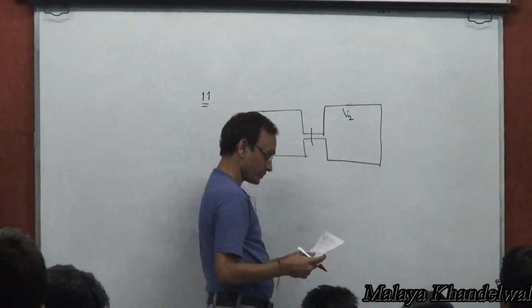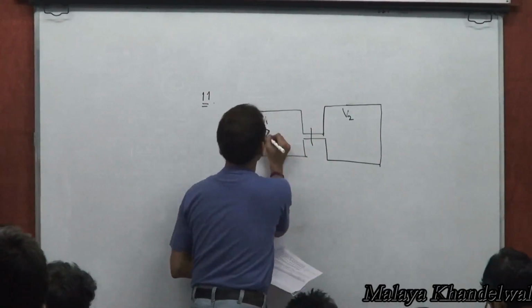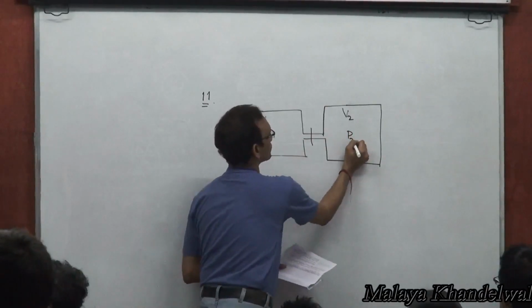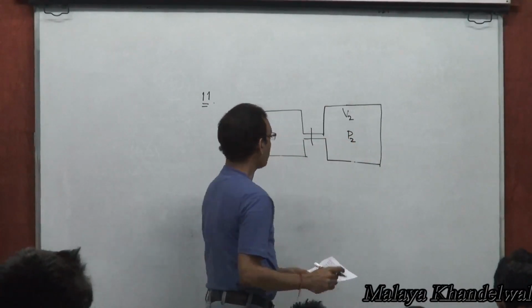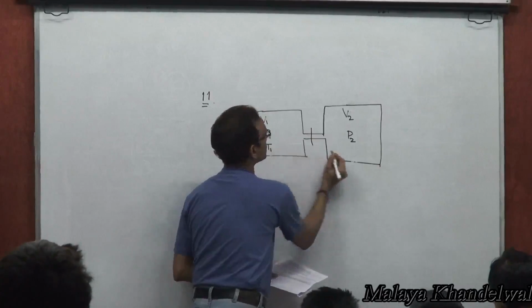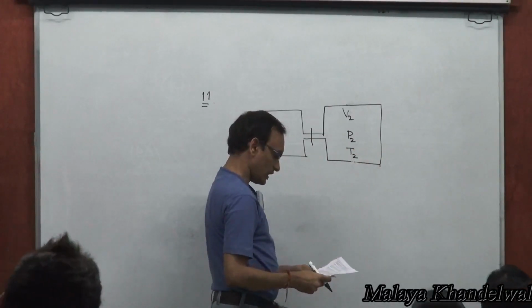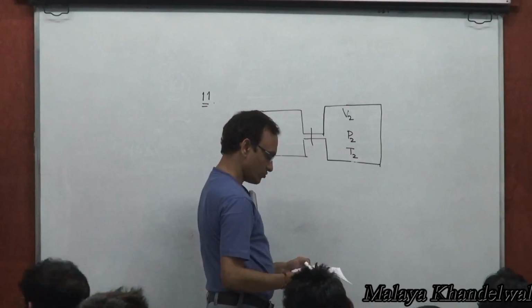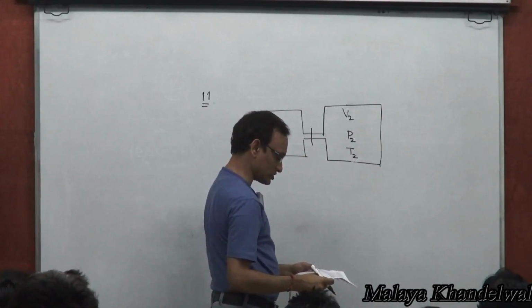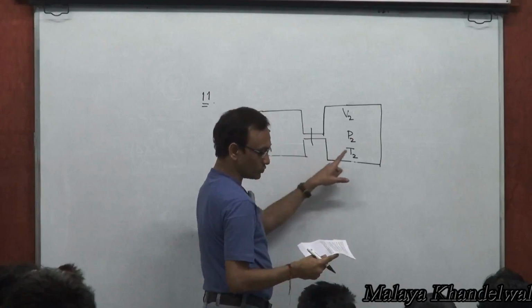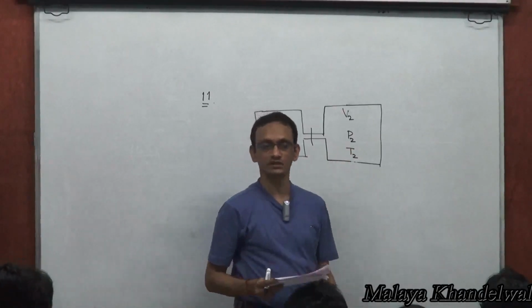This is a valve here. The pressure in them initially is P1 and P2, and the temperatures are T1 and T2. M is the molar mass of oxygen. We want to find the velocity of sound in oxygen when the valve is opened and thermal equilibrium is reached.